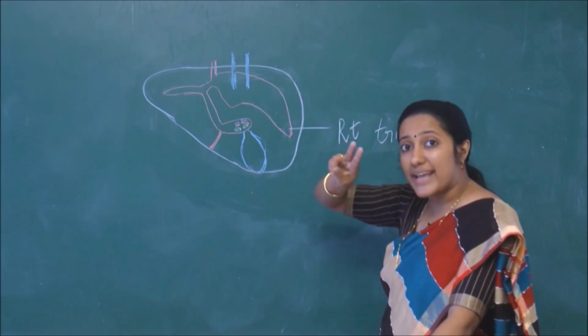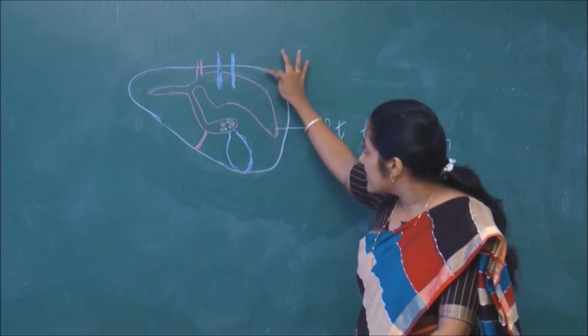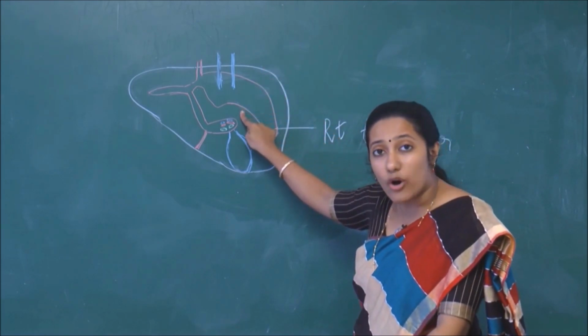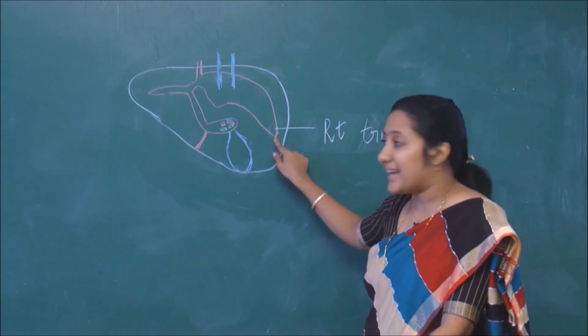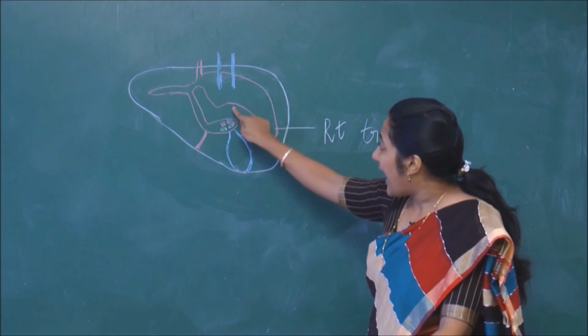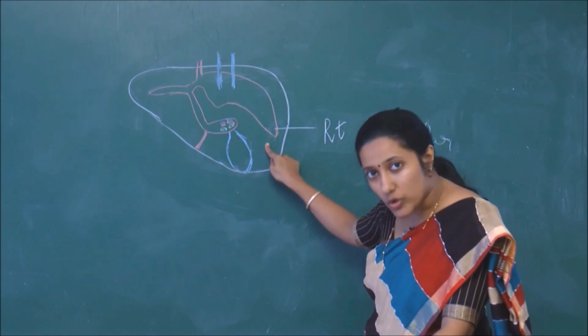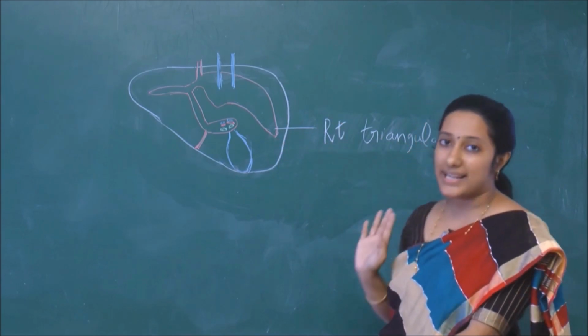So it has got two layers, superior and inferior layer, which forms the superior and inferior boundary of the Bayer area. And the apex of this Bayer area is formed by the fusion of the superior and inferior layers of the coronary ligament, which is known as right triangular ligament.